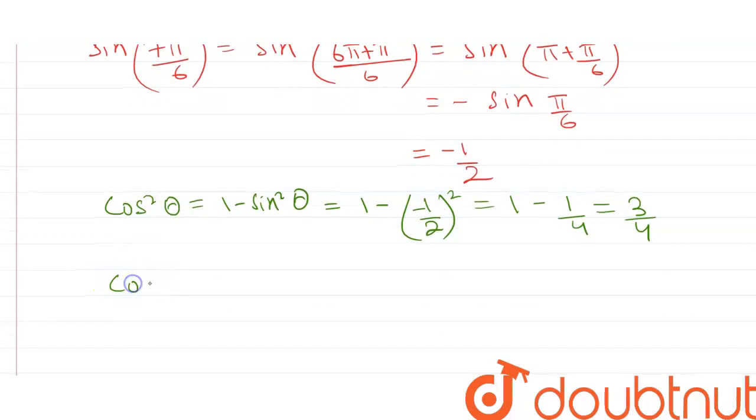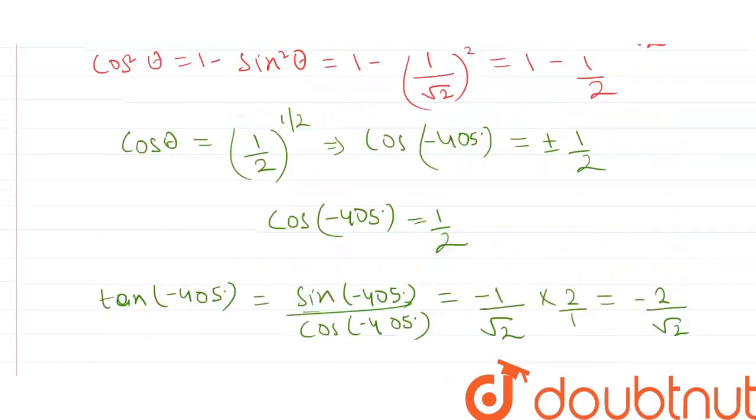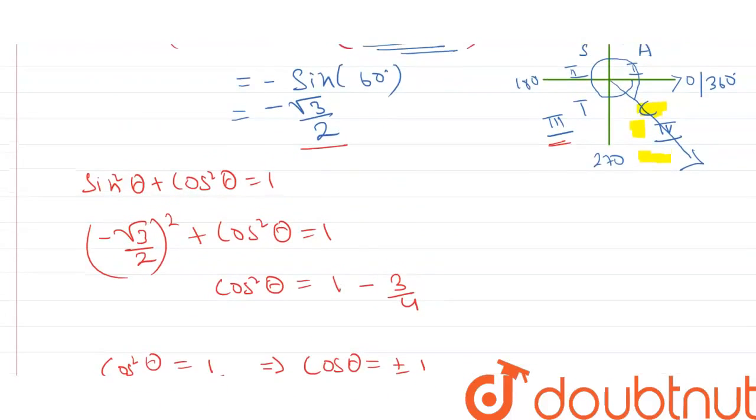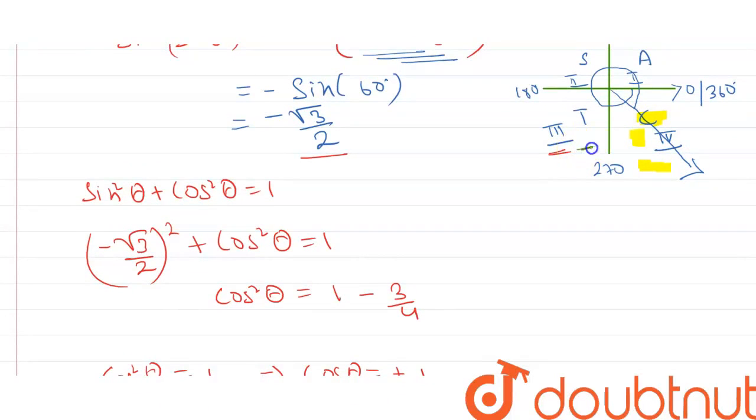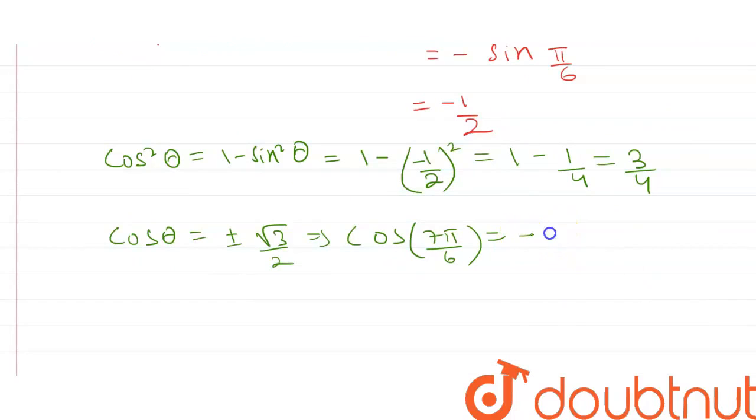The value of cos theta comes out to be plus minus root 3 by 2. Your 7 pi by 6 lies in the third quadrant, and in the third quadrant cos is negative, so we have to take the negative value, minus root 3 by 2.